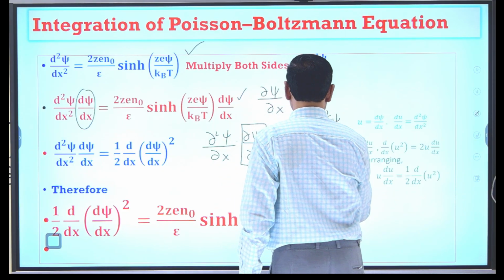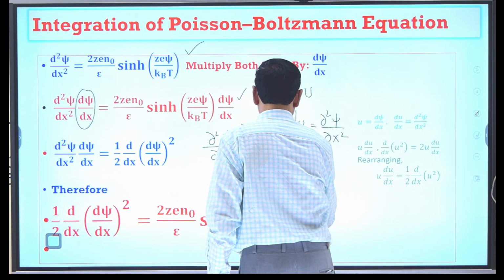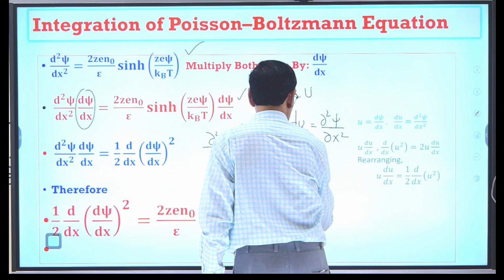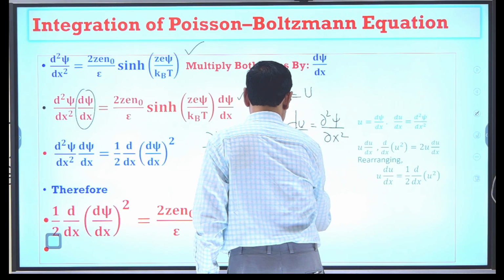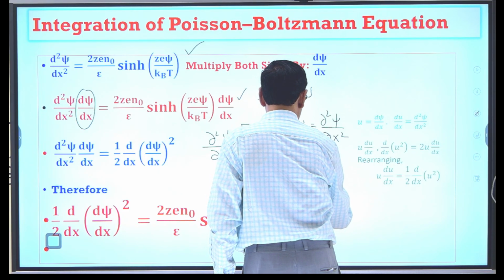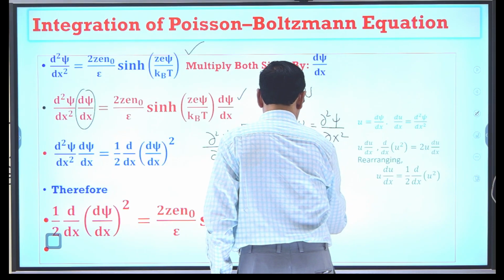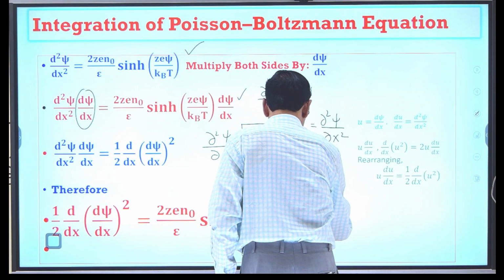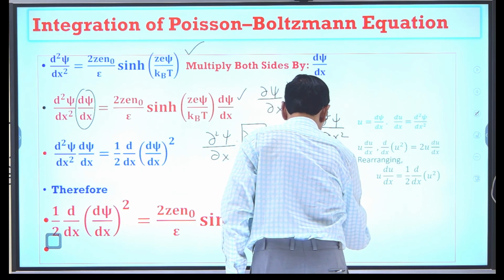So that means what I can write here, it is actually du by dx is equal to del square psi by dx square, and I can write this as u du by dx. लिख सकते हैं ना हम.